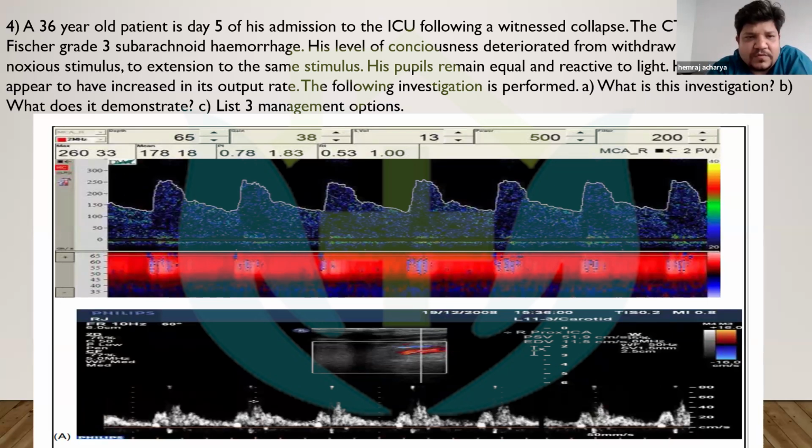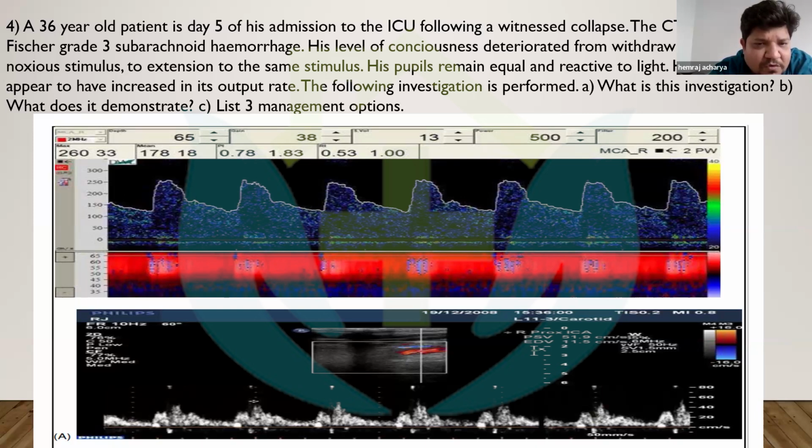So, sir, the investigation is a transcranial Doppler, sir. And it demonstrates the velocity is around 260 at a depth of 65, sir.